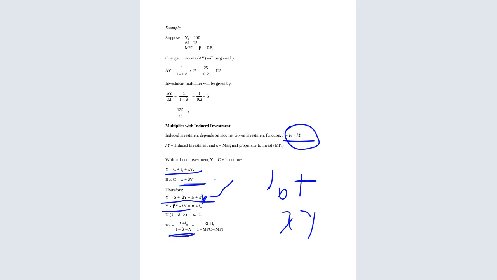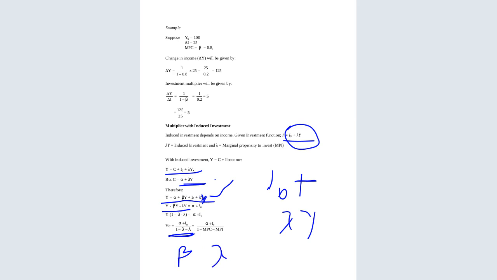So your equilibrium income will be alpha plus autonomous investment divided by 1 minus beta minus lambda. Now you know what is beta and you know what is lambda.